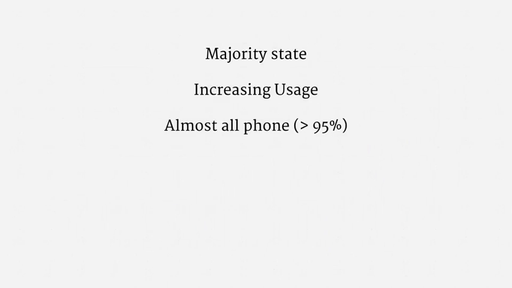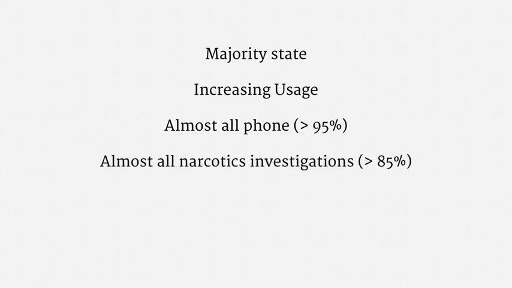Let me make a few other points about wiretapping in practice. The overwhelming majority of wiretap orders are used on telephones. Wiretaps can be used for other sorts of communications, as we will see, but telephones are the norm. Almost all of the uses of wiretapping are in narcotics investigations, the overwhelming majority.